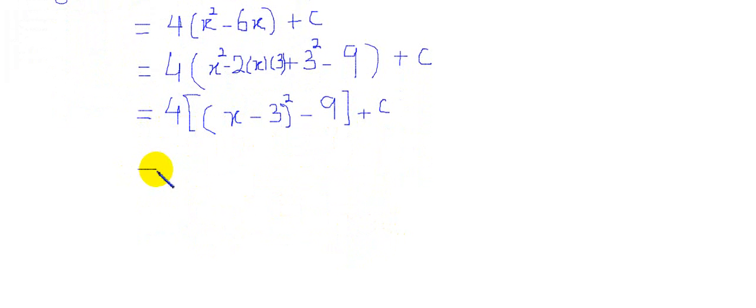So let's multiply it. So it will be 4 into x minus 3 whole squared, and then 4 times negative 9 is negative 36.